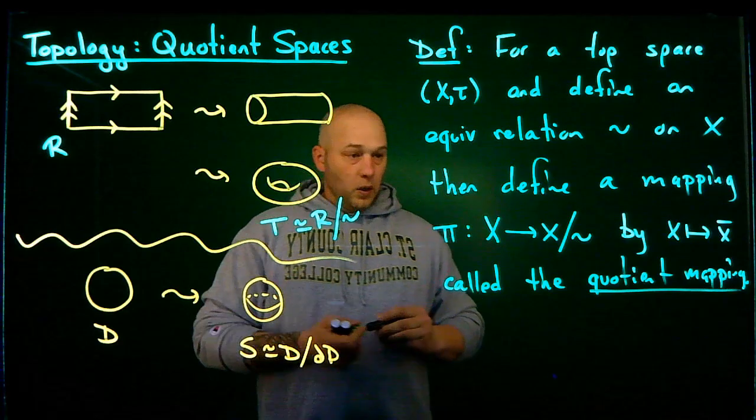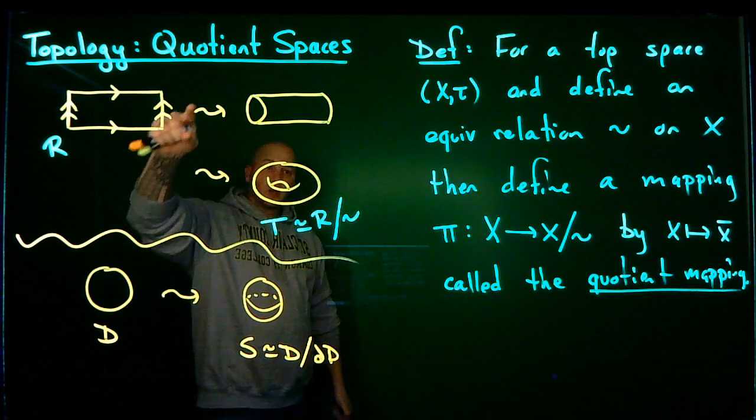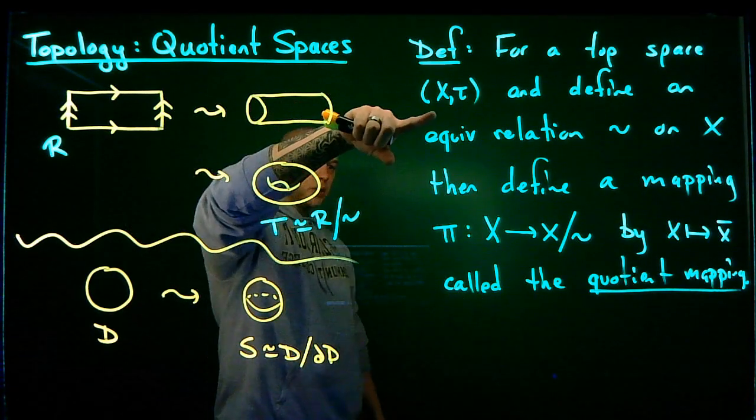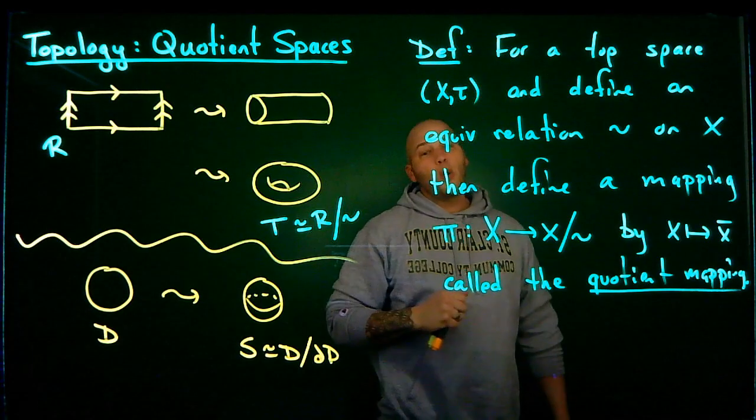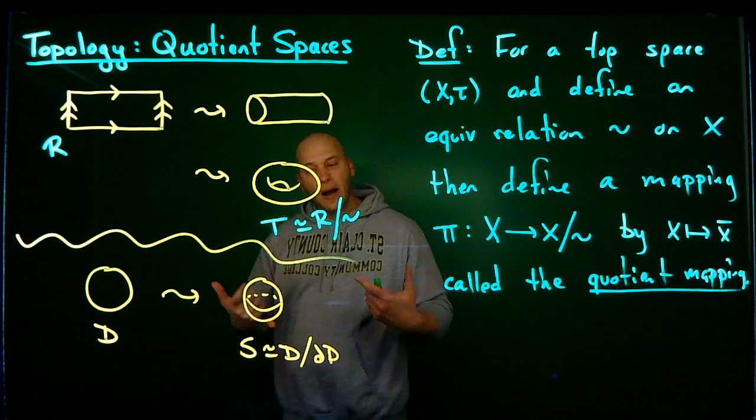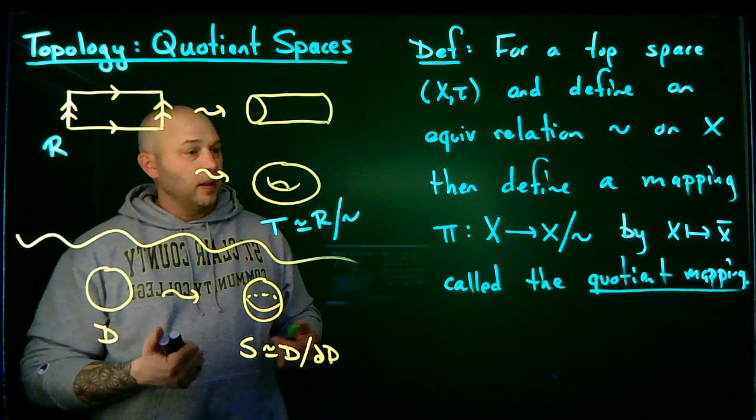All right. So now what I have is a function from the original set X to its quotient, and the idea is I want to figure out how I can put a topology on this.